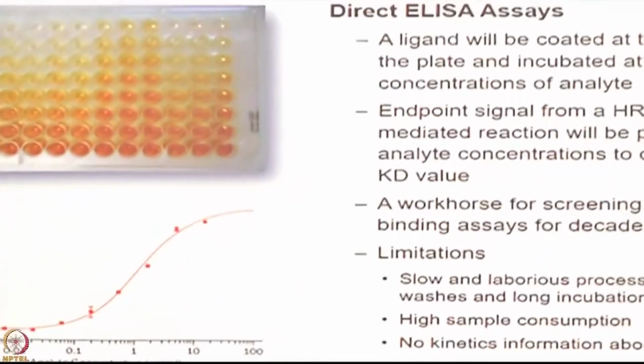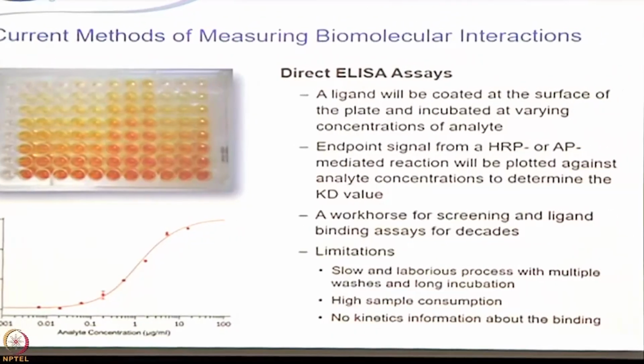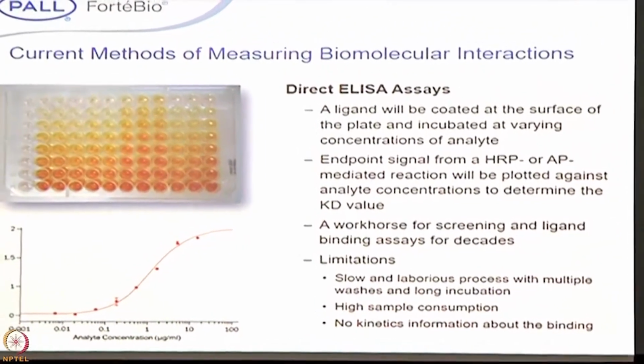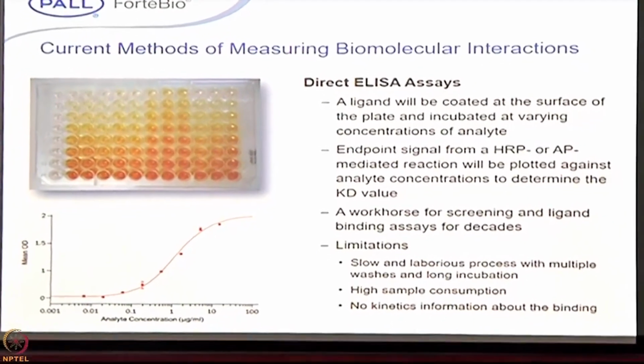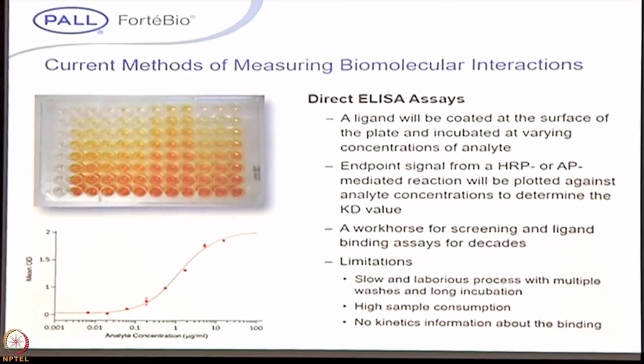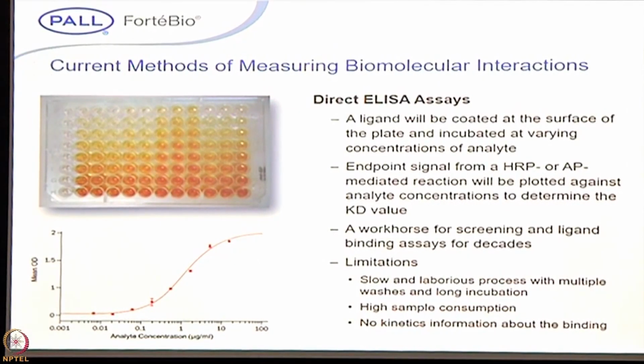The limitation of ELISA is that it is time consuming, and you require more manpower to develop the assays, then screen further and select the right candidate. It takes a long time, the consumption of reagents is also more, and it is more laborious.